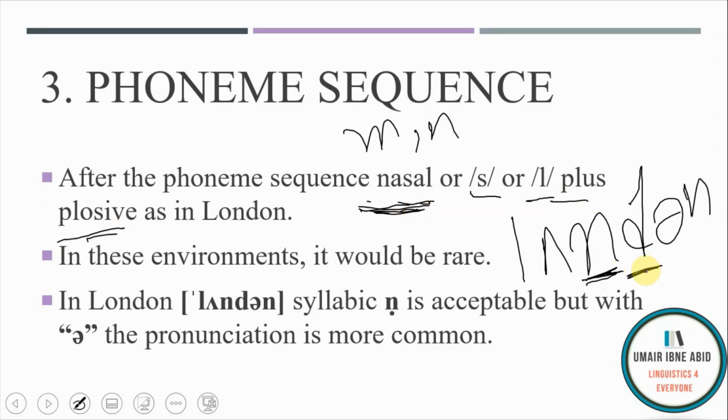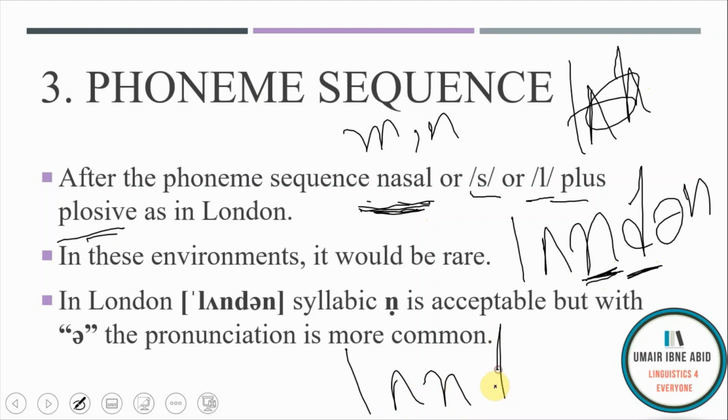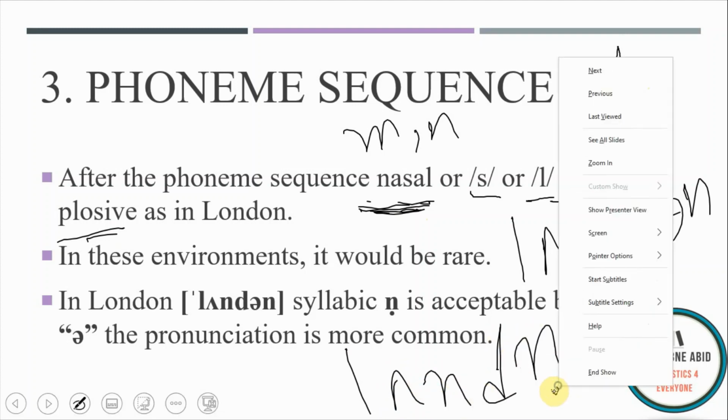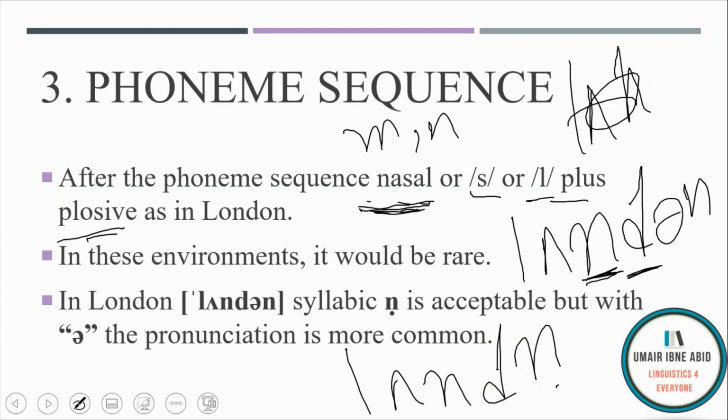So we have a plosive d. In such a case n would be non-syllabic, and in rare cases n could be syllabic as well, like this. But in most cases n would not be syllabic.